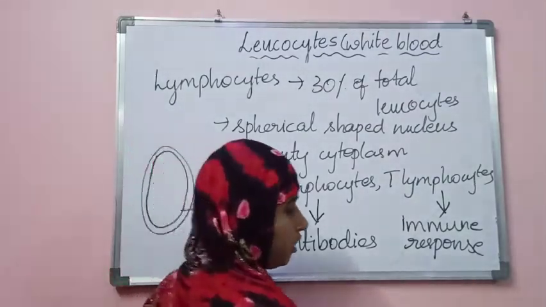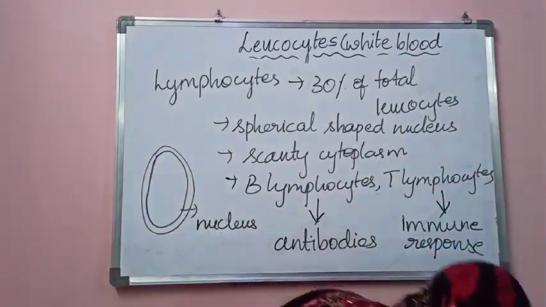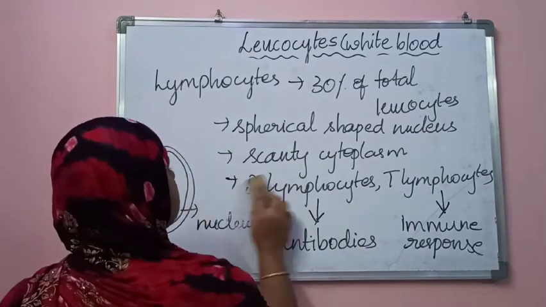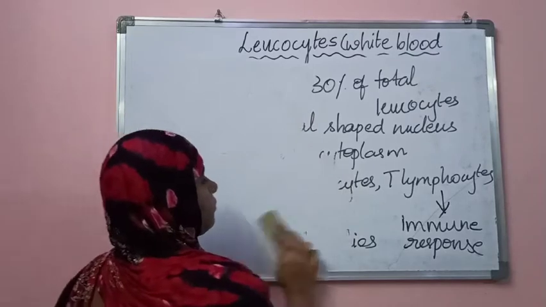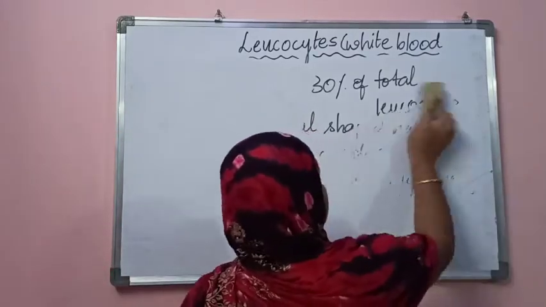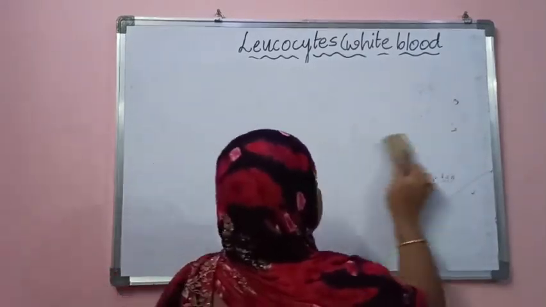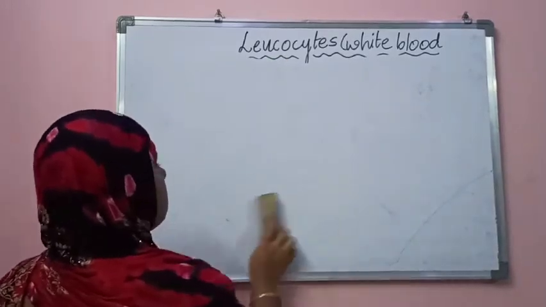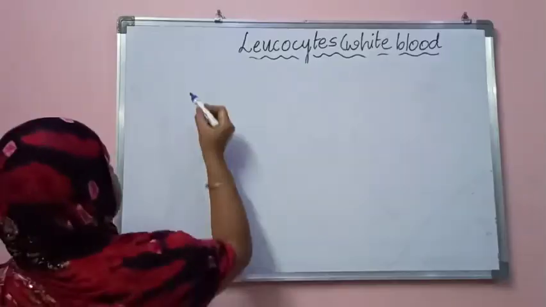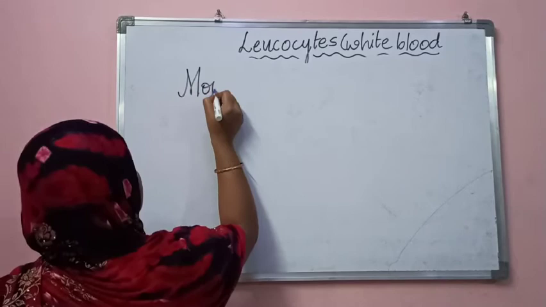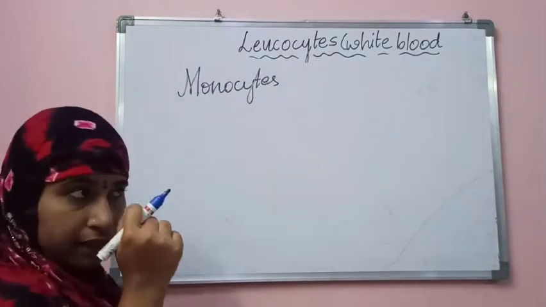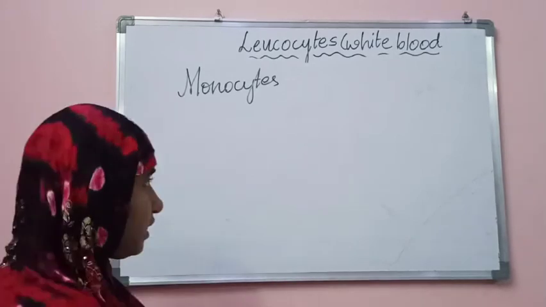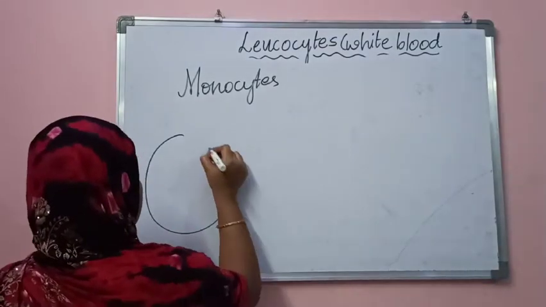Next, going to the next part, that is the monocytes. The monocytes have a special shaped nucleus.